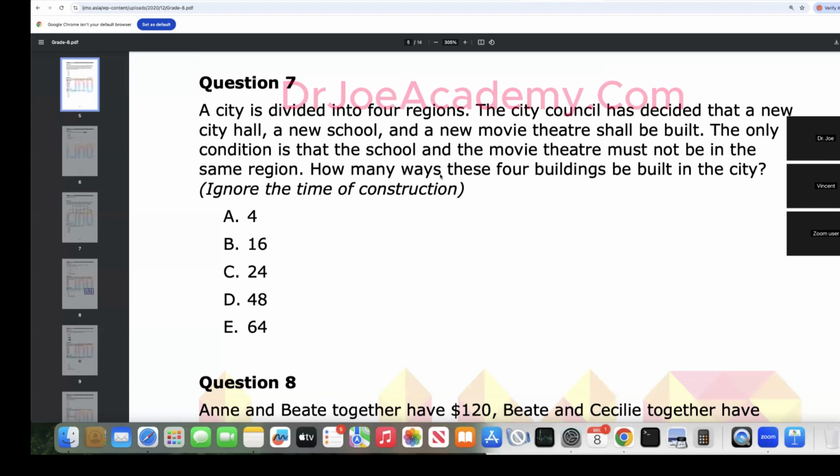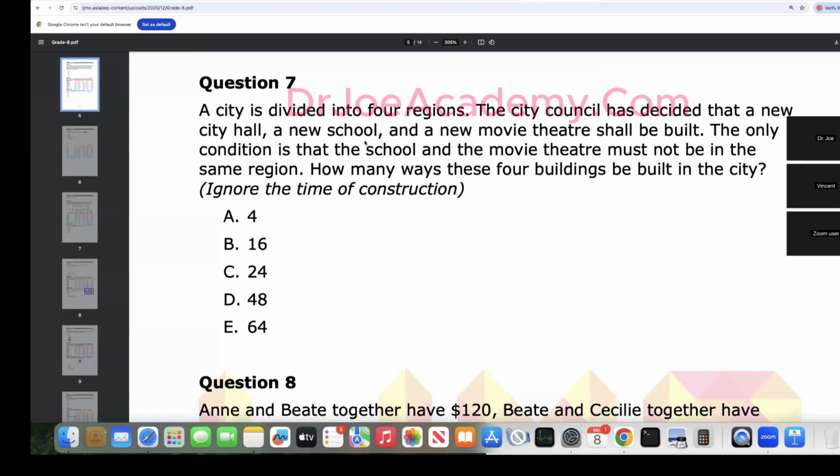Okay, so there's different ways of doing this, but the easiest way is to actually draw out a tree of combinations, right? Right.